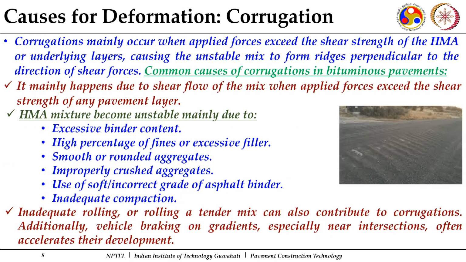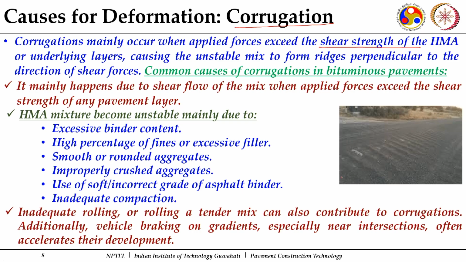Now, the other kind of deformation which can occur is corrugation. Again, whatever forces come on the bituminous surface, the top surfacing, when they exceed the shear strength, and if it is happening in the HMA, we say that the shear strength has exceeded the strength of your HMA mixes, or it has exceeded the strength of your underlying courses.